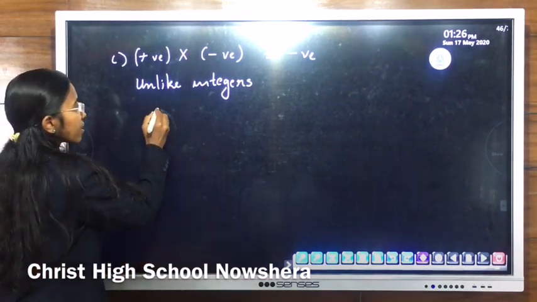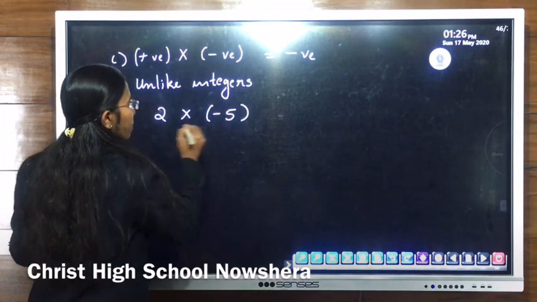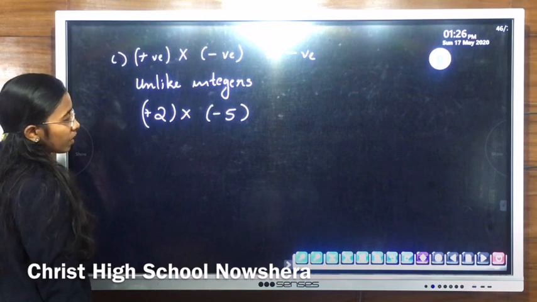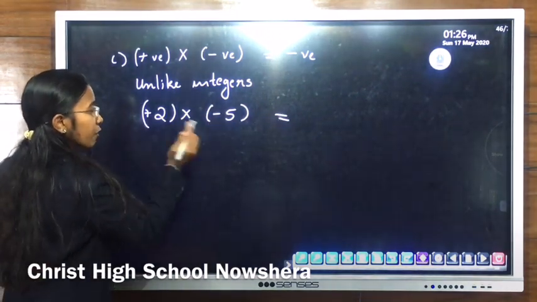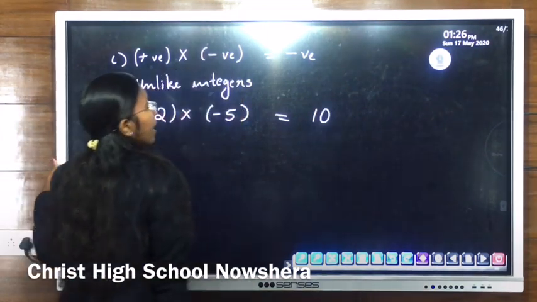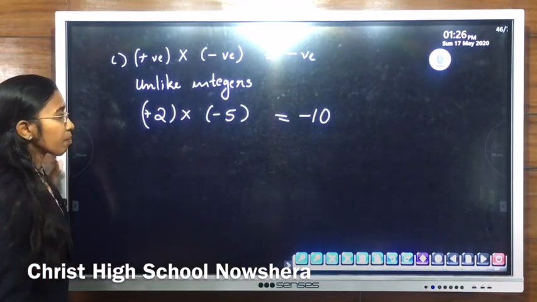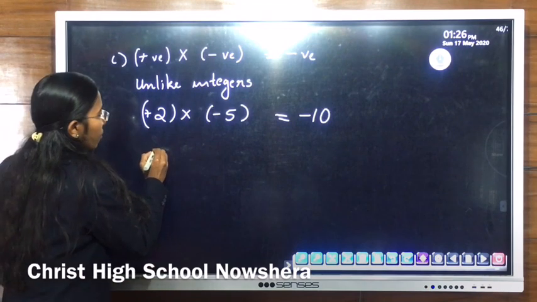That is 2 into minus 5. Here 2 is always plus. So one is positive and one is negative. Multiply the numbers. 2 into 5 is 10 and our sign is always negative. So apply the negative sign. That is plus 2 into minus 5 is equal to minus 10.